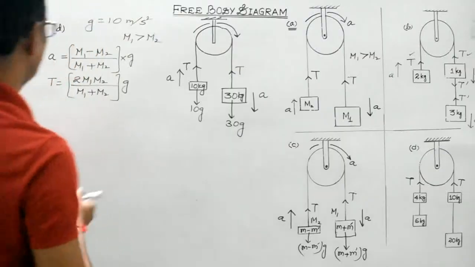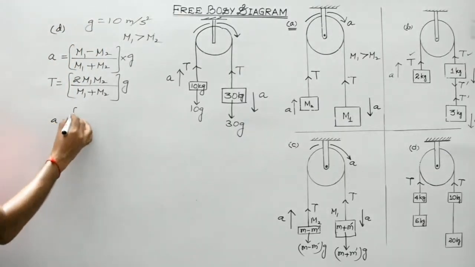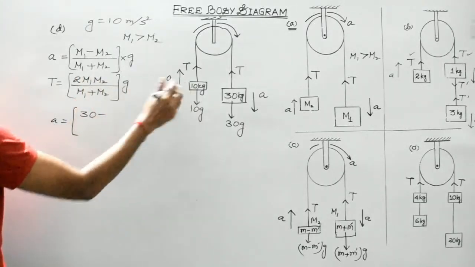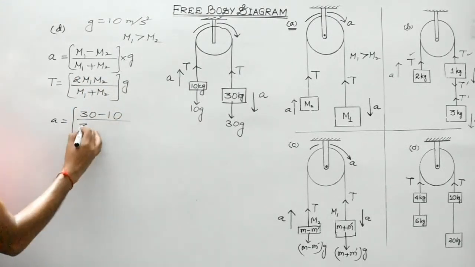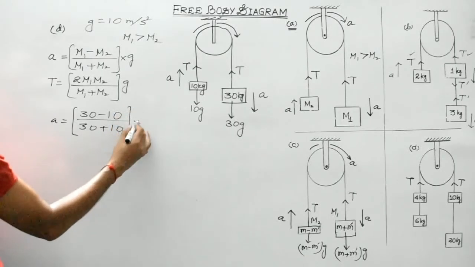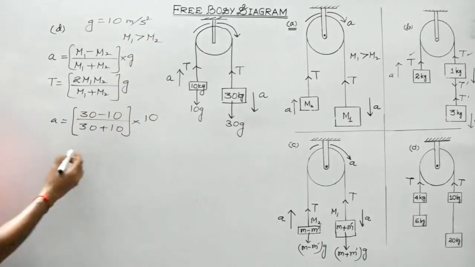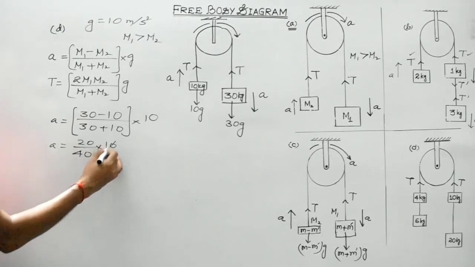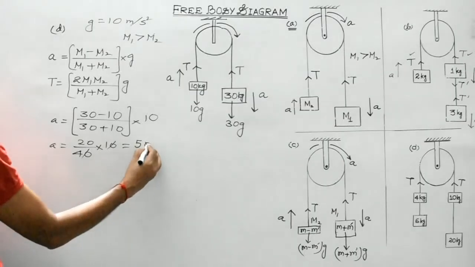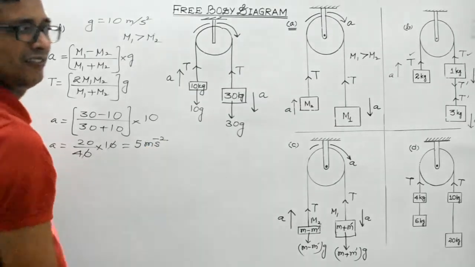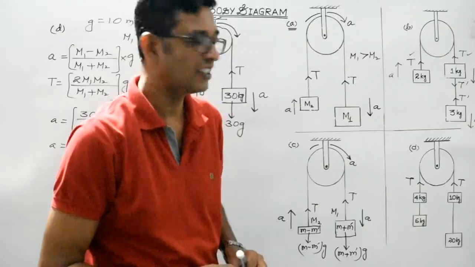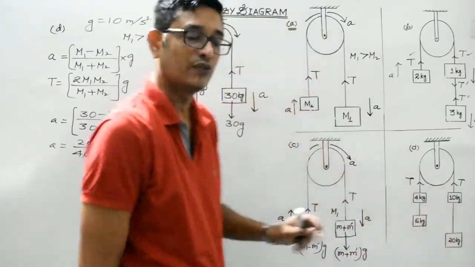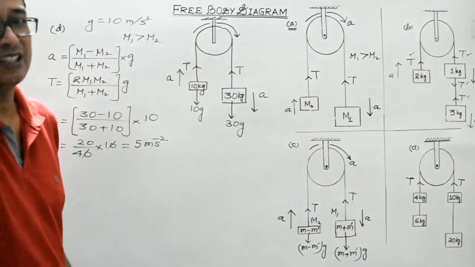So let's substitute the values. A is equal to m1 30 minus m2 which is 10, divided by 30 plus 10, into g, which can be taken as 10. So acceleration will be 20 by 40 into 10, which is equal to 5 meter per second square. So very simple, students, isn't it? The acceleration of each of these four bodies would be 5 meter per second square.